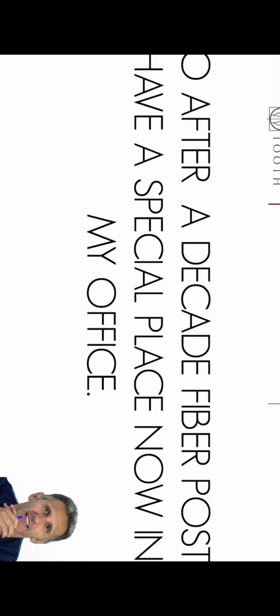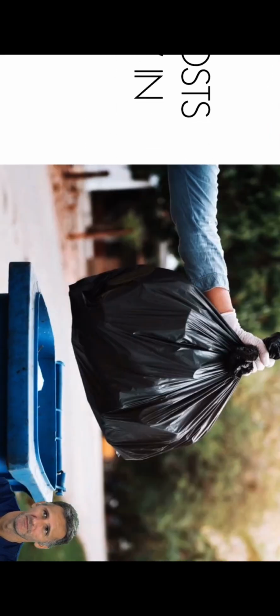So after a decade, I did fiber post for a decade. I did them also with microscope. I was bonding them perfectly. I got crazy about fiber post, and so after a decade, fiber post have a special place now in my office.